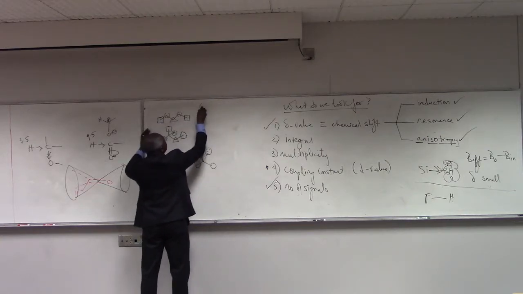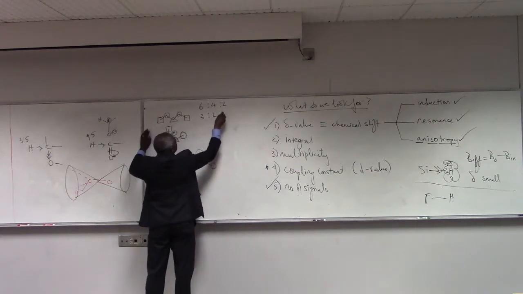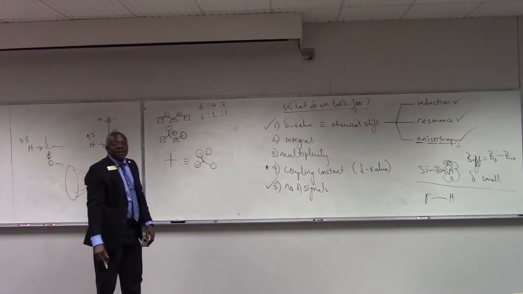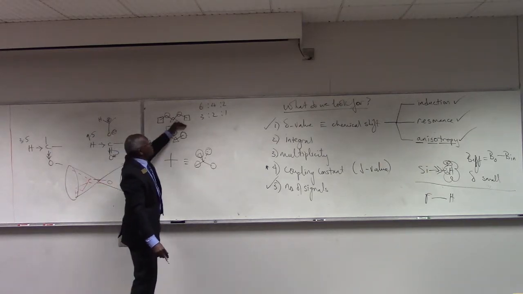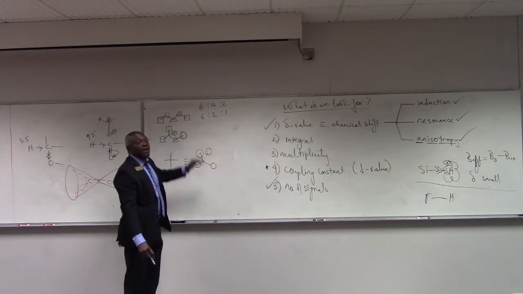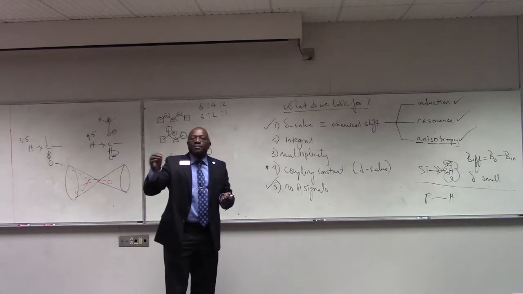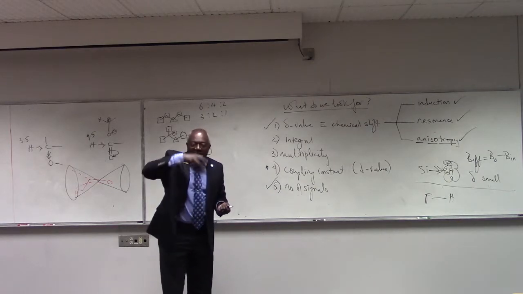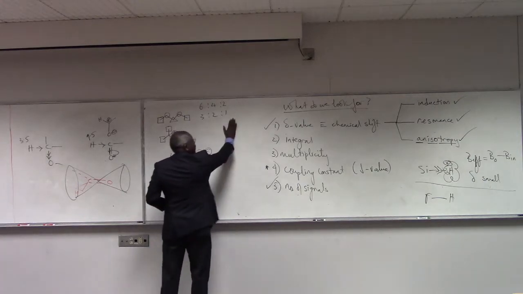So I would expect to get a 6 to 4 to 2 ratio, basically 3 to 2 to 1. When I look at the NMR of this compound, I should see 3 signals. The integral is the area under the peak, and the ratio of the areas would be 3 to 2 to 1.